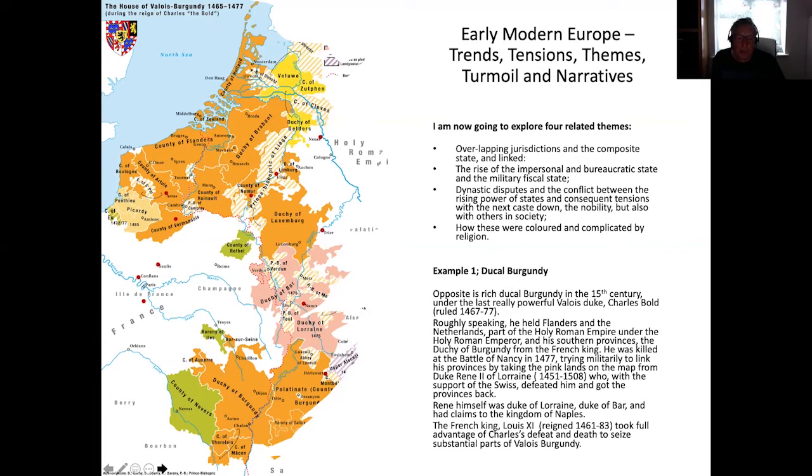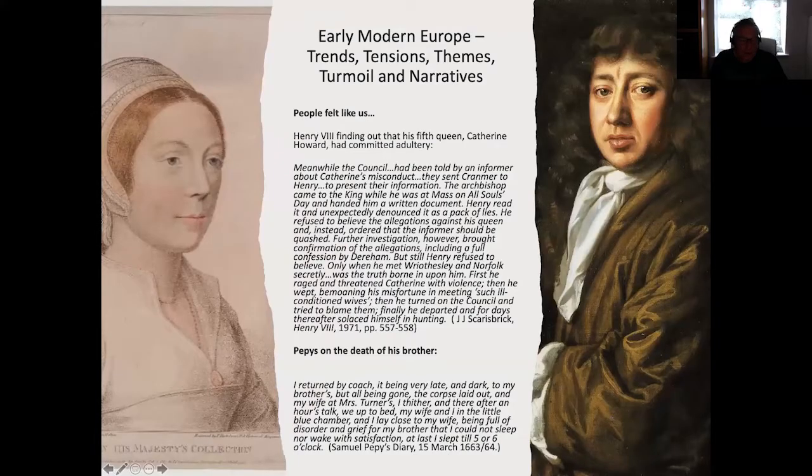He was Duke of Bar, Duchy of Lorraine, but he also claimed to be King of Naples. So, I mean, the situation was not uncommon. You'd find a situation where you'd be a duke of one thing and a vassal of somebody, but also you'd be a king somewhere else. And so this could be highly complex. And it's this kind of complexity that a lot of monarchs wanted to remove.